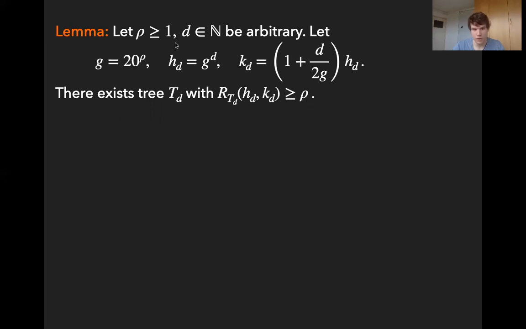You can see we chose rho arbitrarily, so we can make rho arbitrarily large, and then make d arbitrarily large so that this d over 2g is bigger than epsilon. This lemma will already imply that the answer to the first question is no.